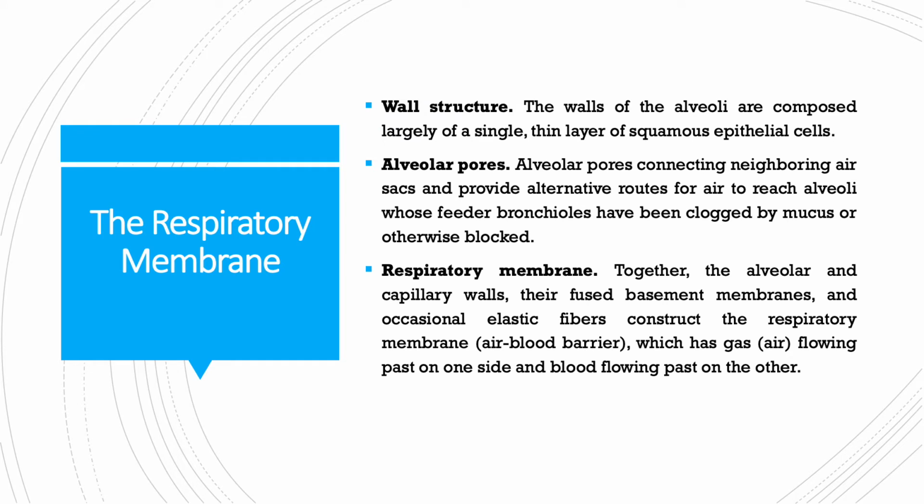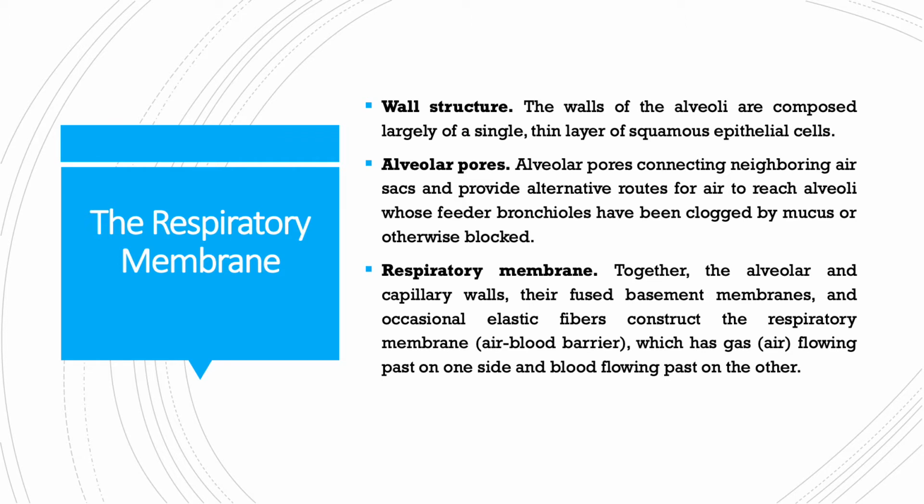The respiratory membrane. First, wall structure. The wall of the alveoli is composed largely of a single thin layer of squamous epithelial cells. Second is alveolar pores. Alveolar pores connect neighboring air sacs and provide an alternative route for air to reach alveoli whose feeder bronchioles have been clogged by mucus or otherwise blocked.